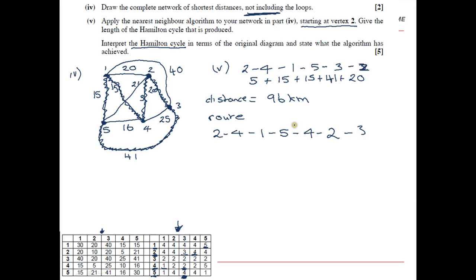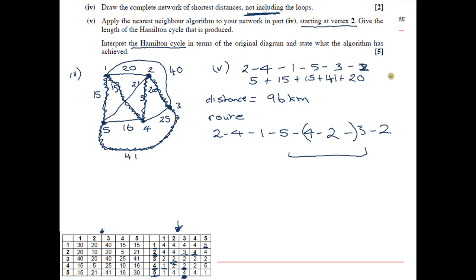So in actual fact, what has happened is that I've gone from 5 to 3 via 4 and 2. And then at 3, I go directly back to 2. So I've used the table to help me there with the interpretation. You could have done it from being able to see your original network. But what is important is that you get that 5 to 3 via 4 and 2. That's the actual interpretation.